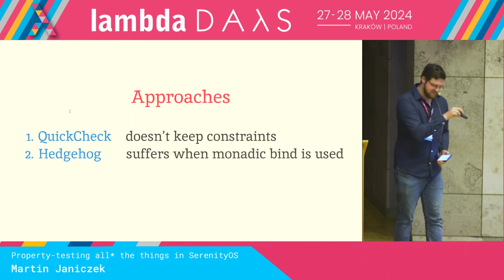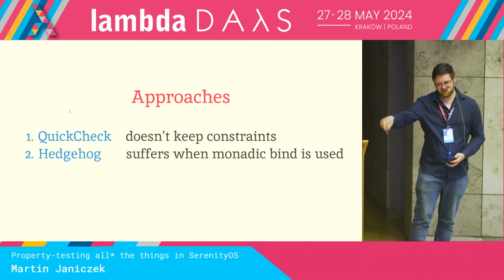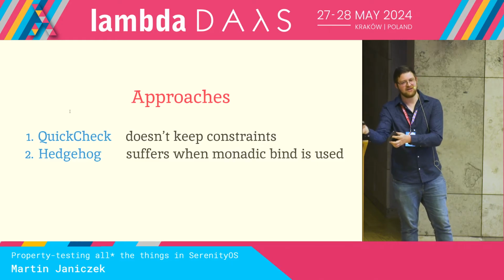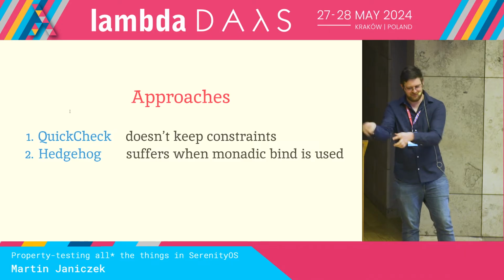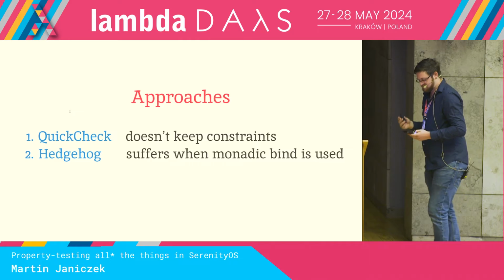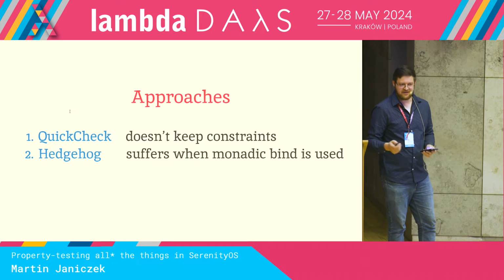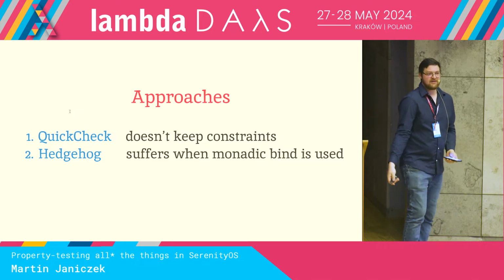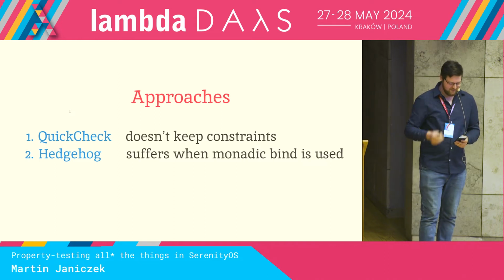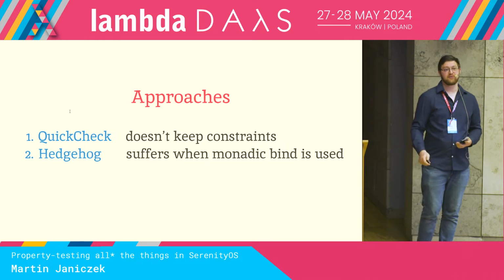Basically, once you run the bind function on the generated value and you start shrinking the result of the bind, you cannot go back because you would have to drop everything you have done and generate it again. So while the Hedgehog library just shrugs and gives you the best it can, it's imperfect, but it gives you something, the Elm test library instead said, no, I will not compromise.